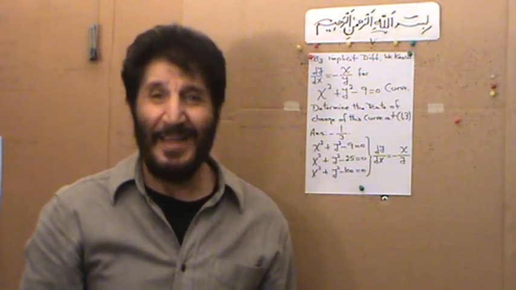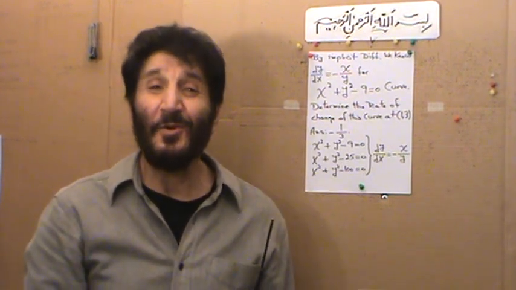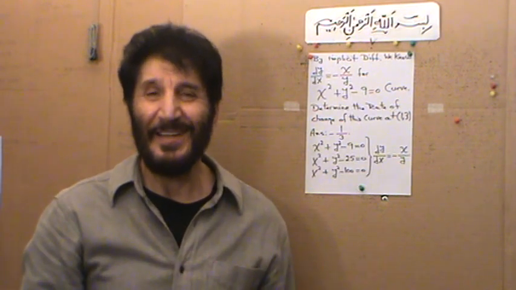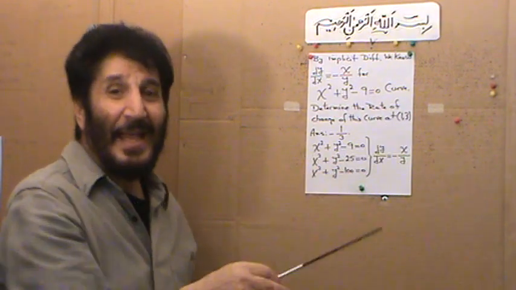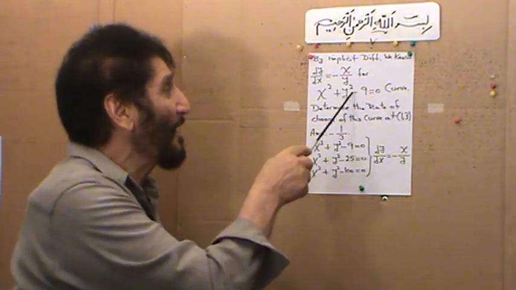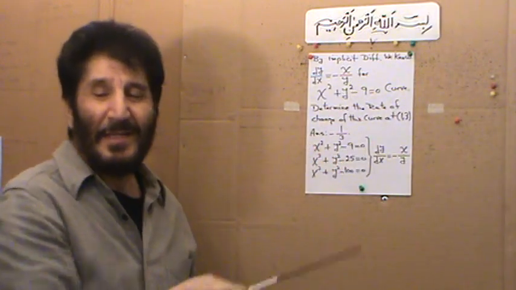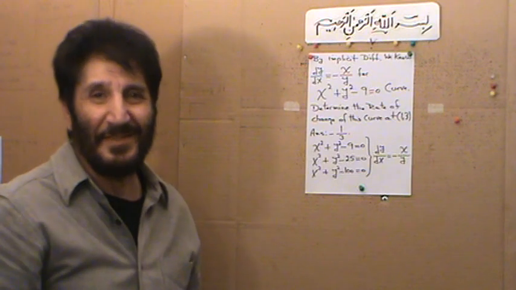You follow me? Not so fast. You cannot do that. Why? Because (1, 3) is not a point on this curve. It's a point somewhere else. We can't find the slope of a tangent line at a point in the plane; it doesn't make sense.